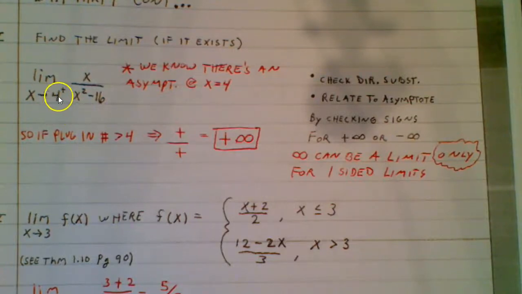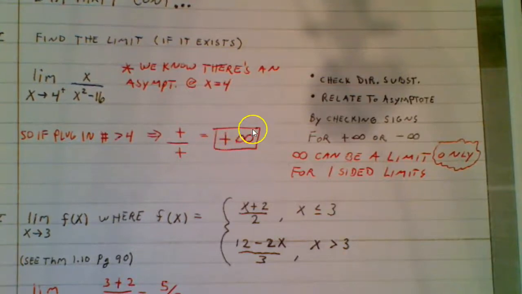Because this one is approaching 4 from the right, I could test any number greater than 4 to see what kind of a sign I'm going to get out of this. So let's just pick a number like 5. So if I put a 5 here, obviously that's positive. If I put a 5 here, or any number greater than 4 here, I also get a positive. So any positive divided by a positive is an overall positive.